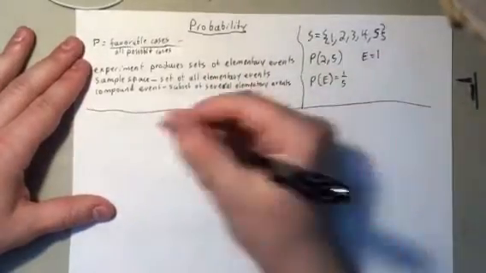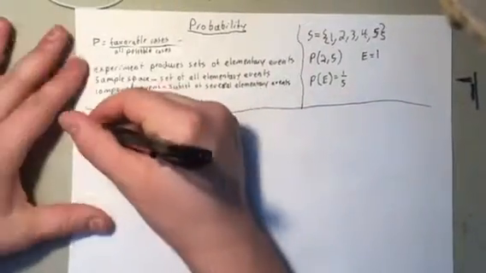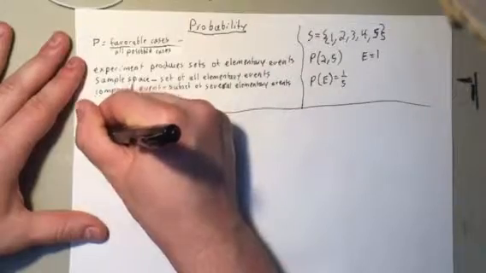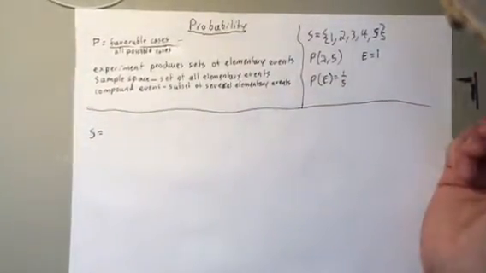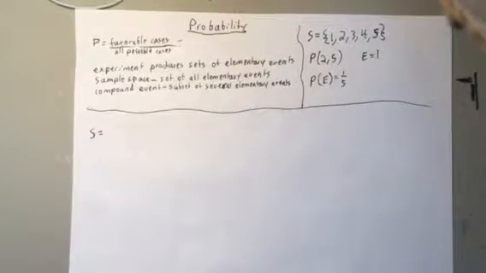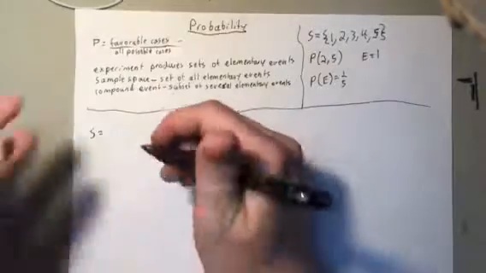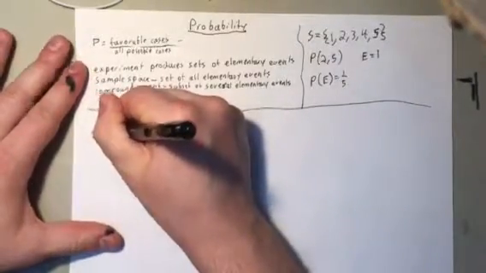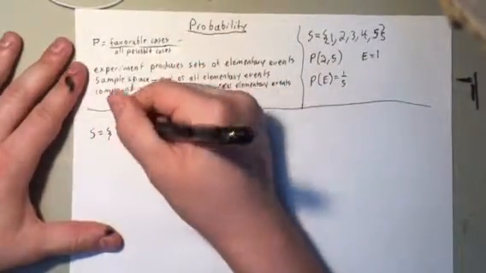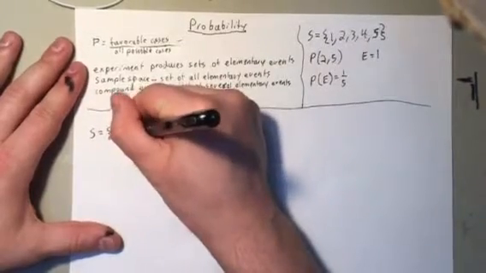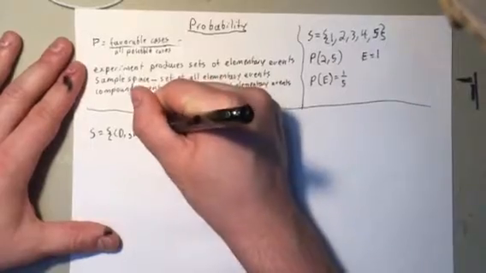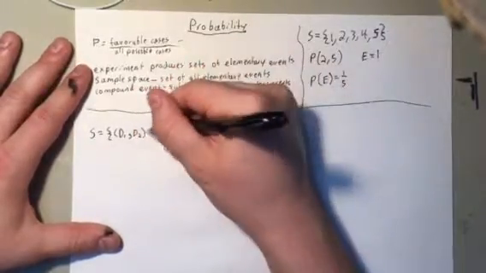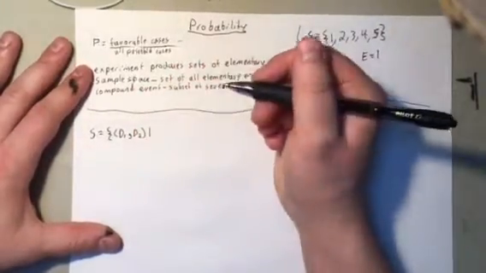For that, our sample set S equals, and we could write it out, but when you roll a dice twice, that's 6 times 6 possible events, so we'll write the sample space with dice 1 and dice 2, so we have 2 dice.